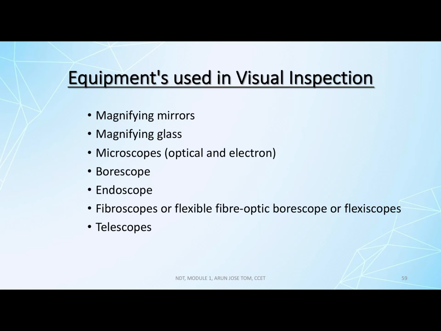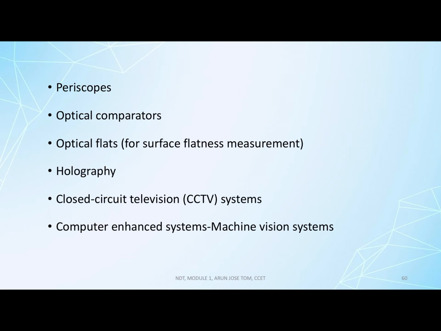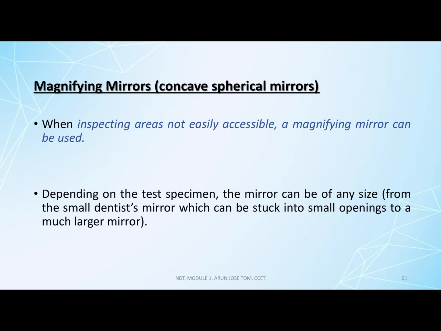Then these are the equipment used for visual inspection purposes: magnifying mirrors, magnifying glass, microscopes, borescope, endoscope, fibroscope, telescopes, periscopes, and so on. First one, magnifying mirrors or concave spherical mirrors.